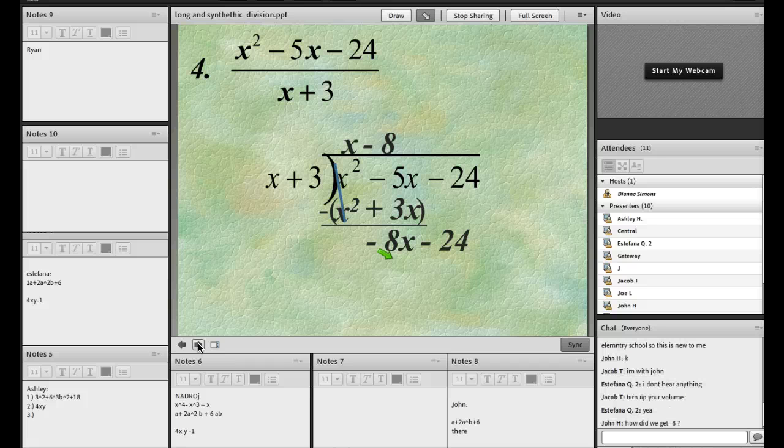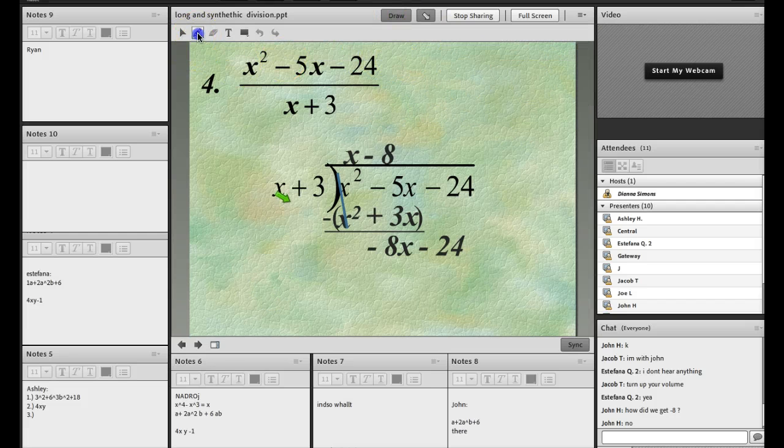Negative 8. Okay. So what I did, John, was I took this x value, and what do I have to multiply x by to get negative 8x? Or what is negative 8x divided by x? Does that make sense? Okay, what I'm saying is negative 8x divided by x.